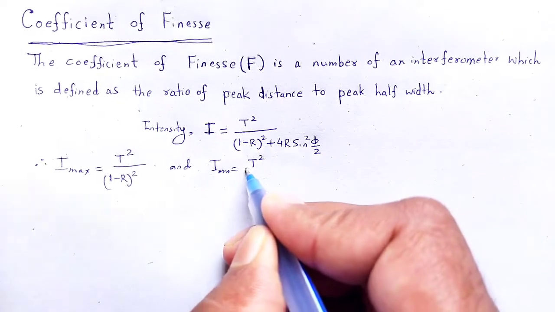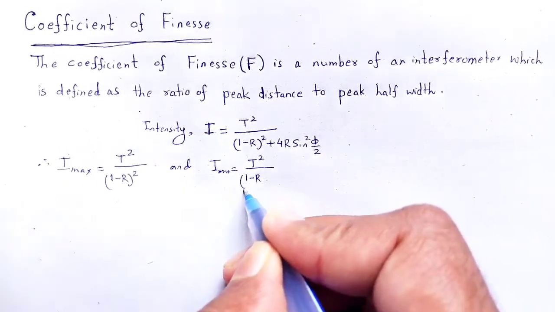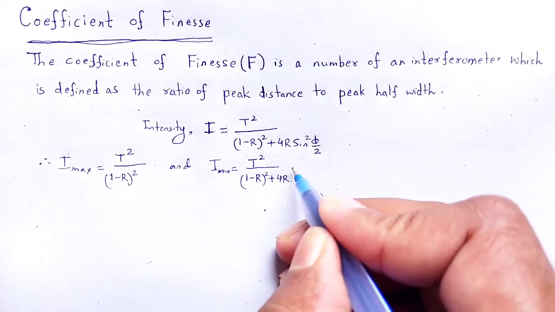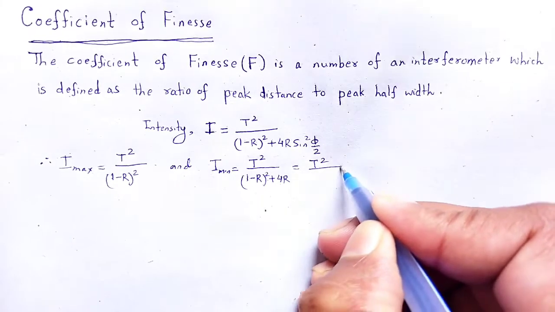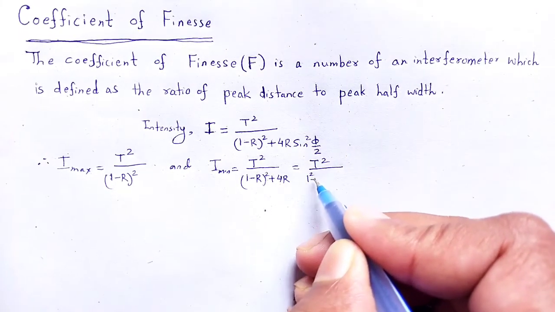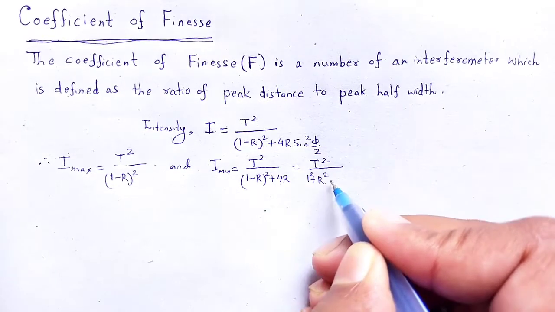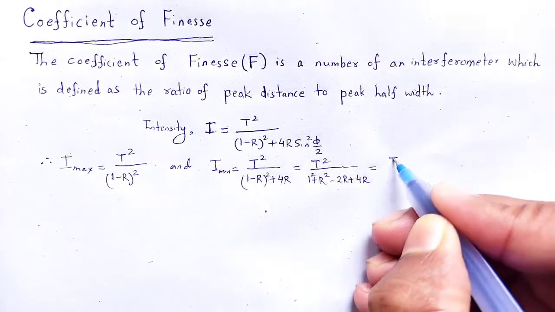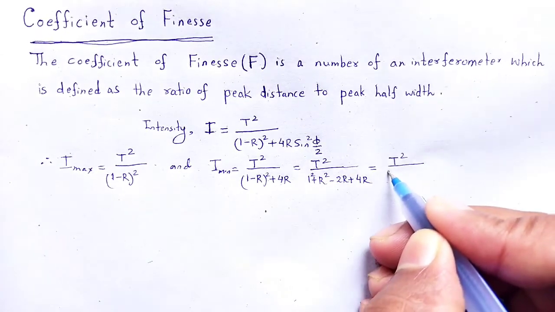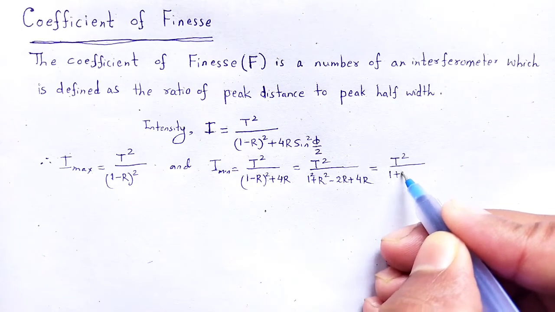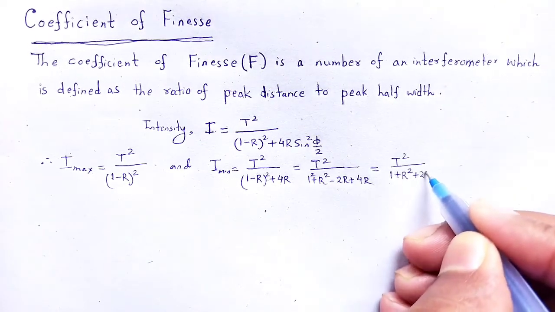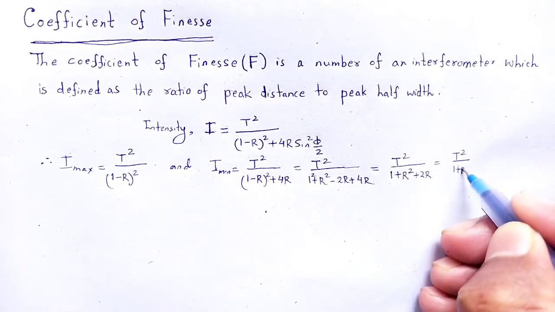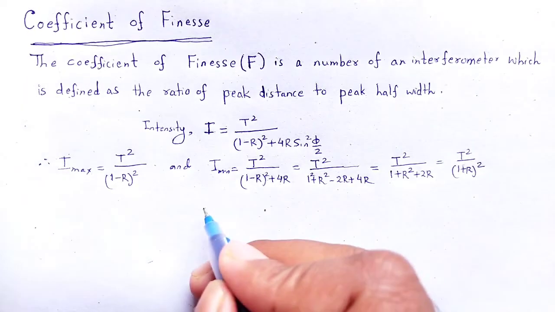The term is T square divided by 1 minus R square plus 4R, which is equal to T square divided by 1 square plus R square minus 2R plus 4R, which is equal to T square divided by 1 plus R square plus 2R, that is the square term 1 plus R whole square.